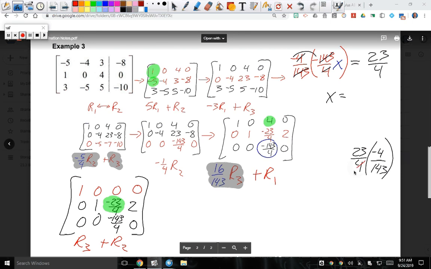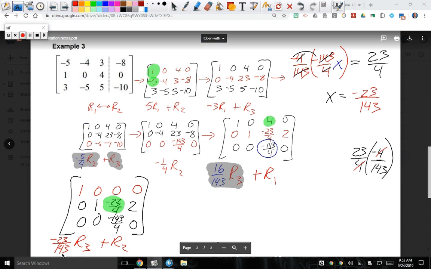You see the 4's cancel, and you're left with negative 23 over 143. This is what you're going to multiply it by. So negative 23 over 143 multiplied with row 3 will end up getting us to that number that we want, which is a positive 23 over 4.